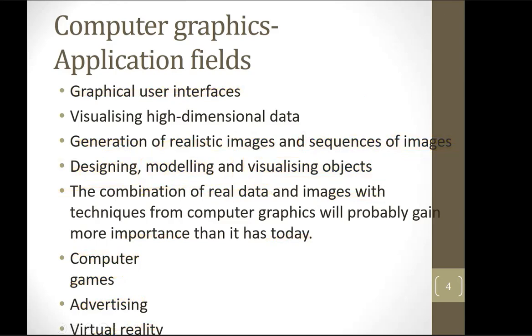When we say a sequence of images, can you give me an example? If you have a sequence of images, we can talk about animation. For example, one of the applications in this course is to design a clock.